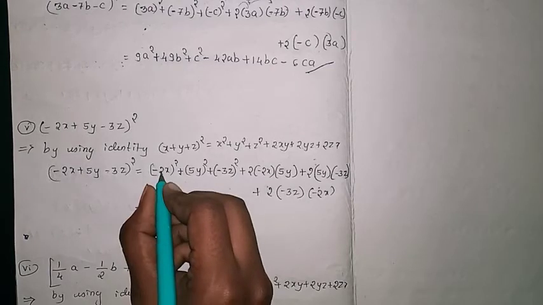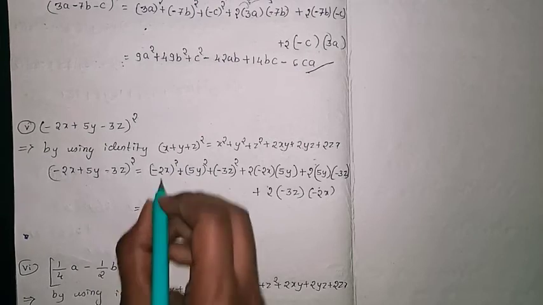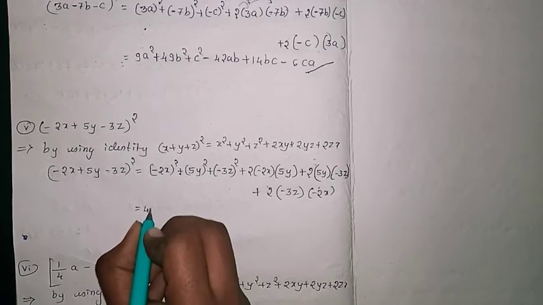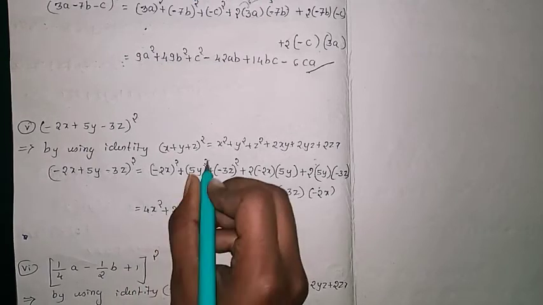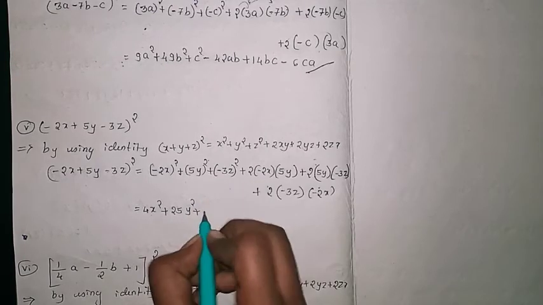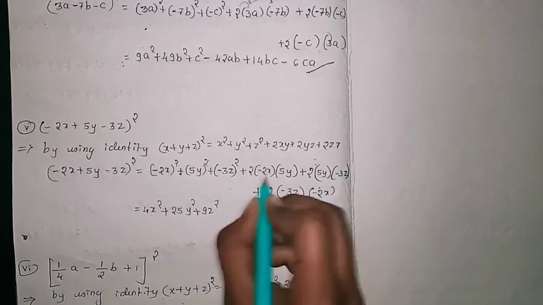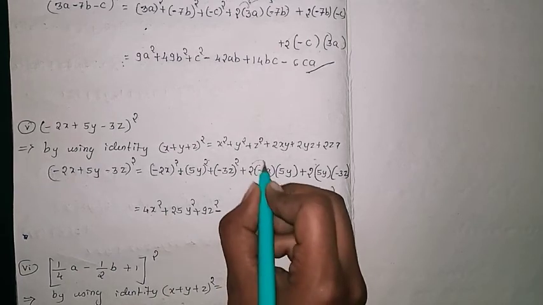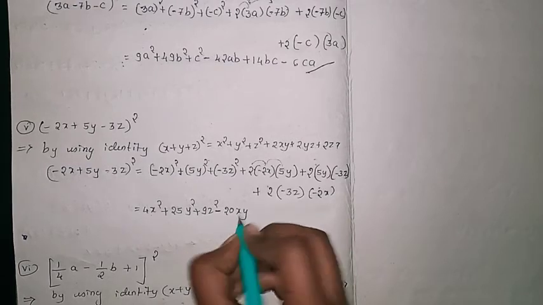So minus 2 square, minus will become positive, 2 square will be 4x square. Plus 5 square is 25y square. Minus will be plus, now 3 square is 9, so z square. Then minus plus will be minus, 2 2s are 4 and 4 5s are 20, so 20xy.